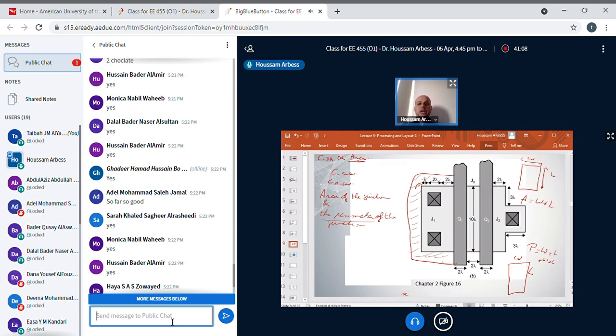So the perimeter is the sum of the different edges of the form. But here, I need only this one, and this one. I don't need the whole perimeter of the junction. I need only the perimeter where I have a junction between the N plus and the P plus field implant, and this P plus field implant does not exist on the channel side.